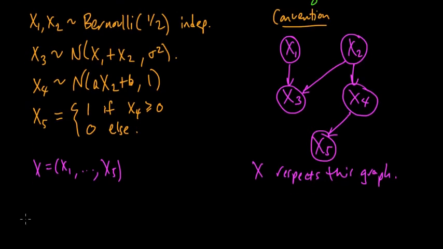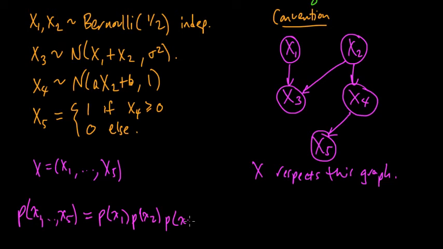Let me just write down, to remind you, what this means. X respects this graph. That means that your joint distribution of x1 through x5 equals the probability of x1 times the probability of x2 times the probability of x3 given x1 and x2, that's this part, times the probability of x4 given x2 times the probability of x5 given x4.